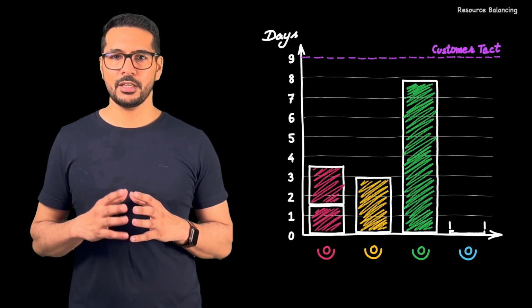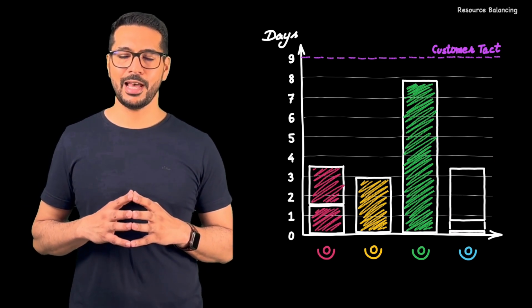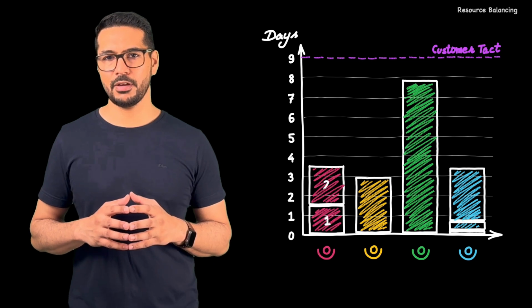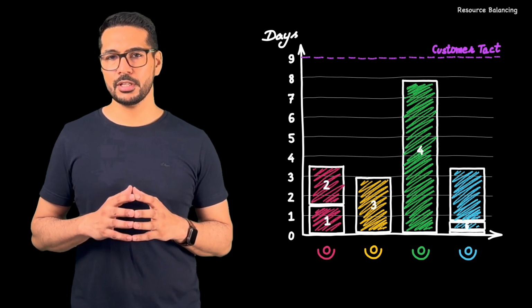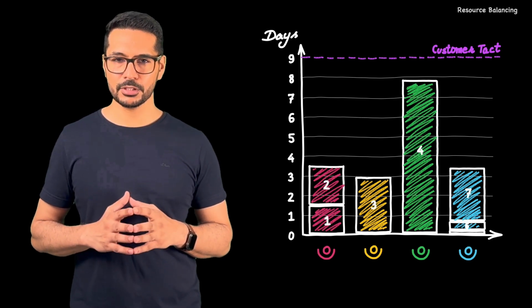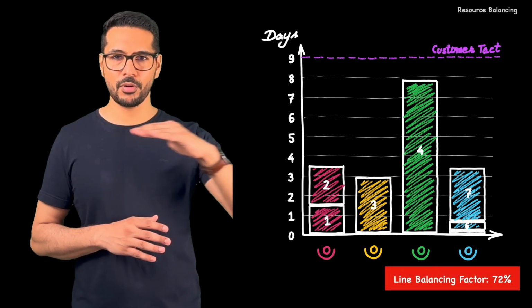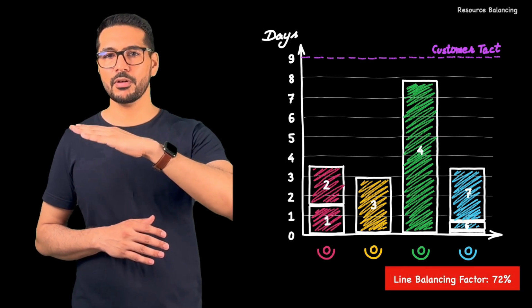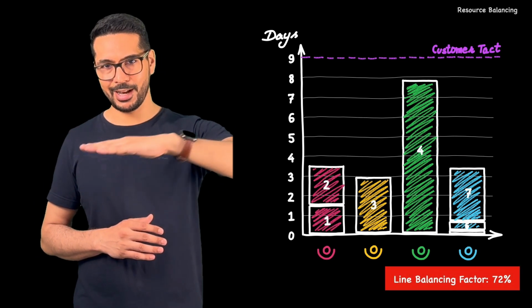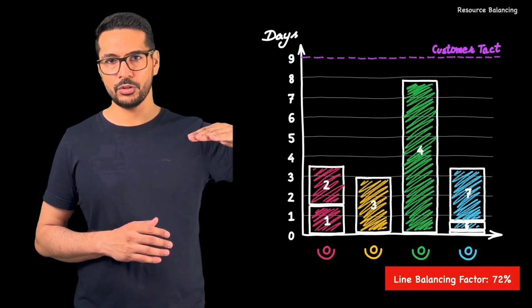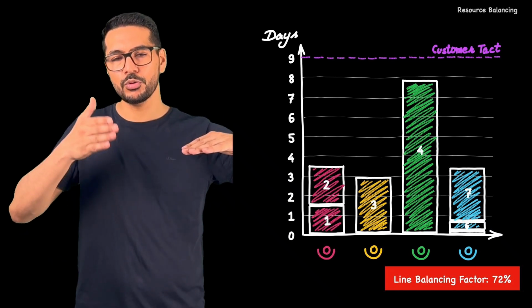In this case, the line balancing factor is 72%. This line balancing factor will be 100% if all the employees have the same amount of work content to provide, so there is no employee who is waiting.